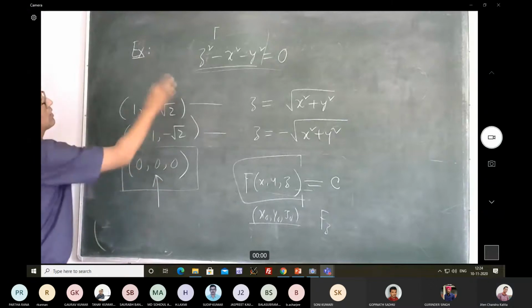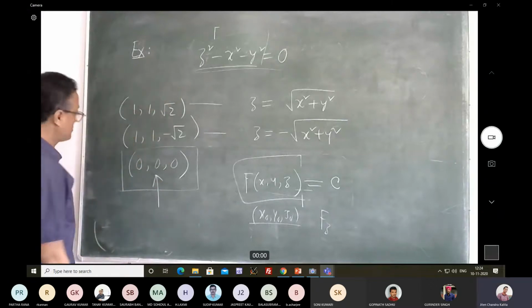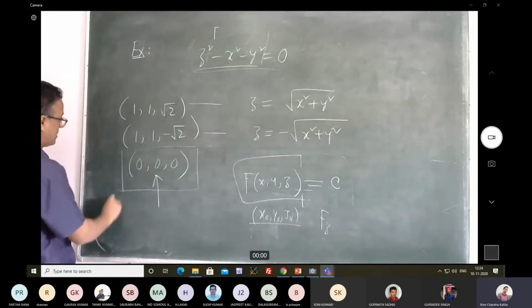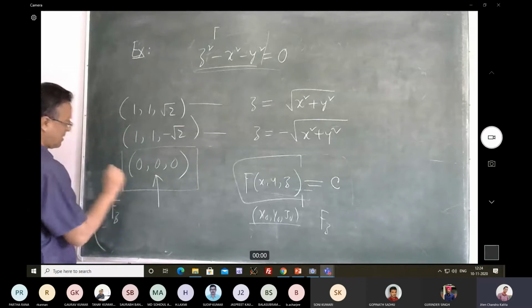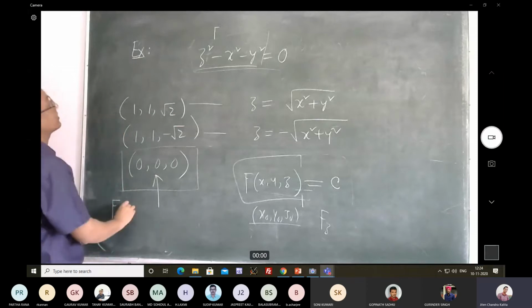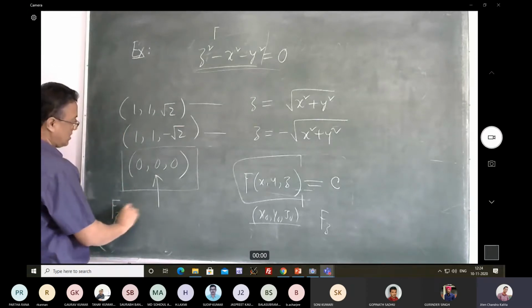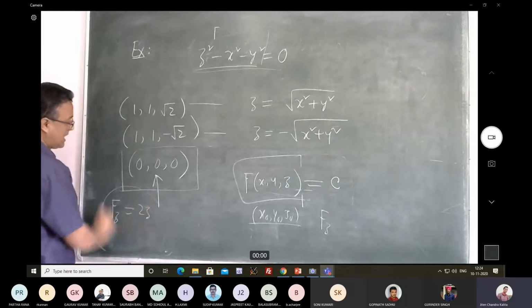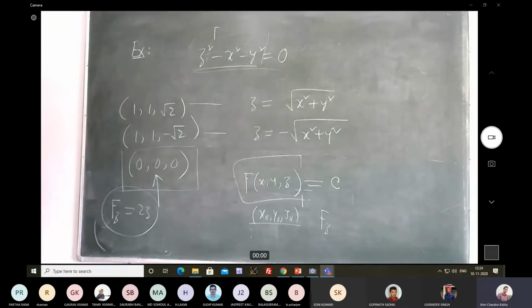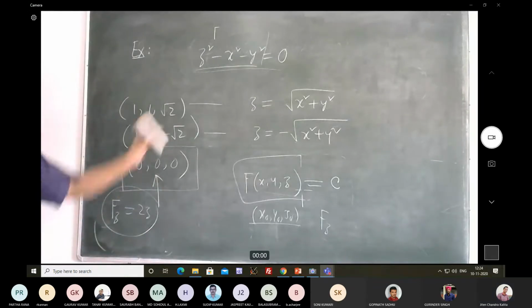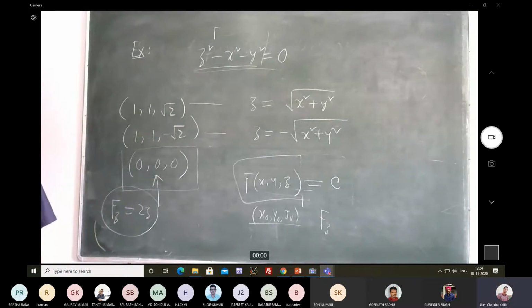Fz is simply equal to 2z, and this is 0 at 0, 0, 0. So you cannot express z in terms of x and y in the neighborhood of the origin.